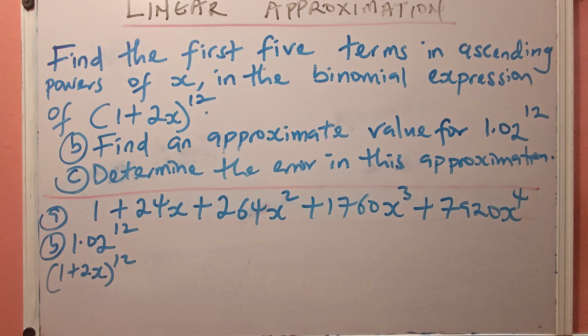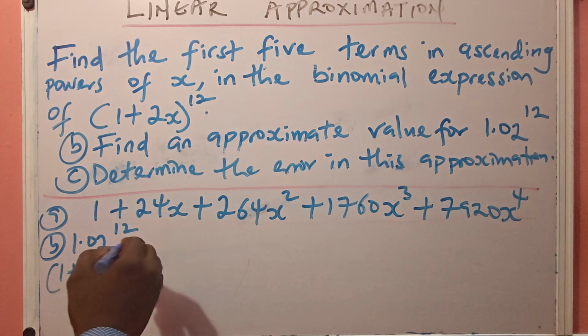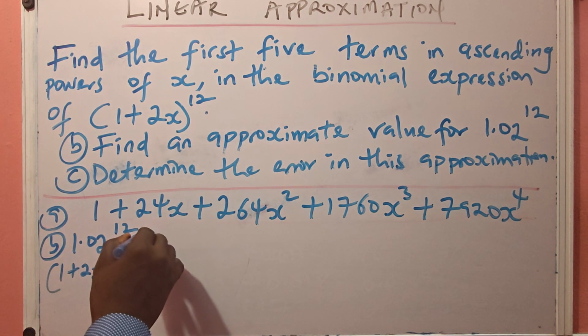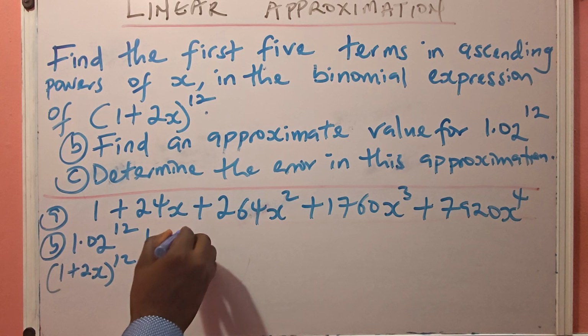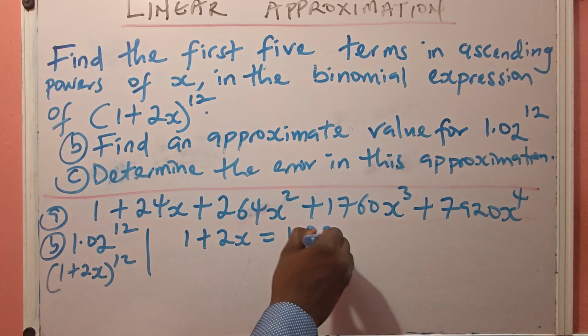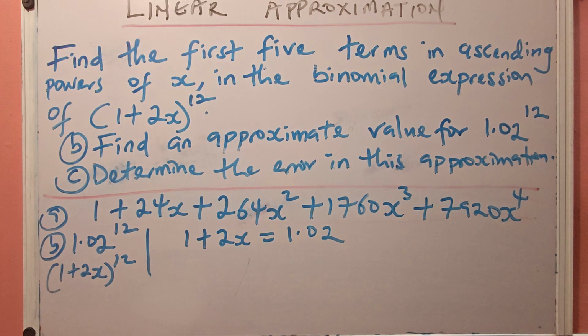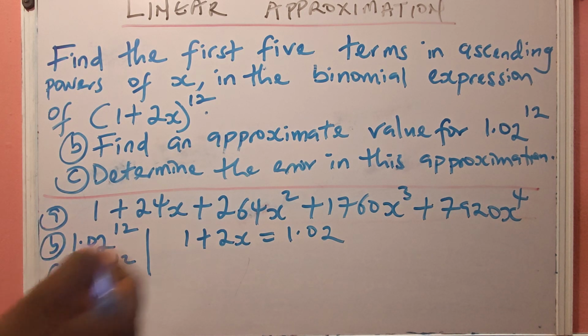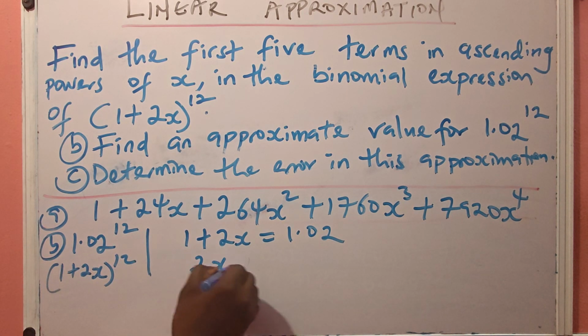So you don't have to rack your brain on that. All you have to do is write this as a mathematical argument. So you have 1 + 2x equals 1.02, and you want to find out what your value for x should be.